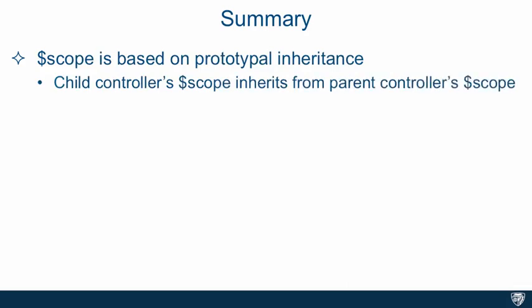Now when it comes to AngularJS, the $scope is based on prototypal inheritance, which means that a child controller's $scope inherits from the parent controller's $scope. So if you have two nested controllers, the inner controller's scope is prototypically inherited from the outer controller's scope.